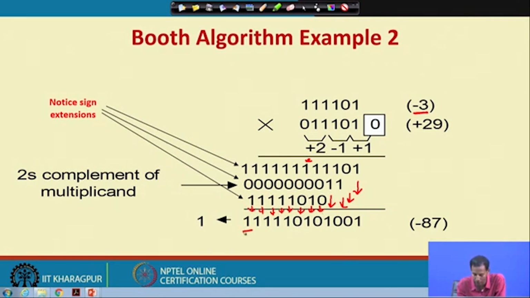If I discard the outer carry, the MSB is 1, which indicates this is a negative number in 2's complement format. Okay. So, this is negative, and if I take the 2's complement of this, it will become 1 0 1 0 1 all 0. So, this indicates the sign is negative, and the magnitude is this, which is nothing but 87.